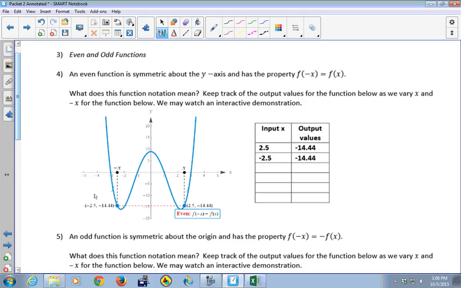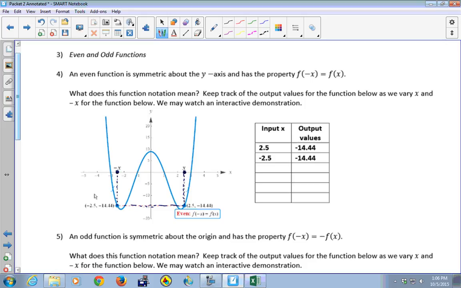So if I've got my function here, if I put in an x value of 2.5, my y value is -14.44. If I put in -2.5, my y value is also negative 14.44. So if I put in a positive 2.5 versus a negative 2.5, my output is the same.